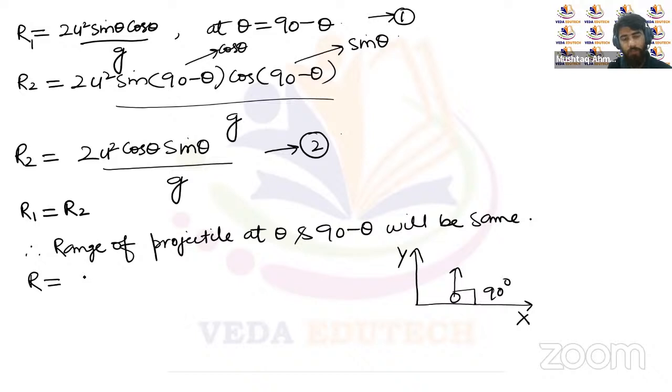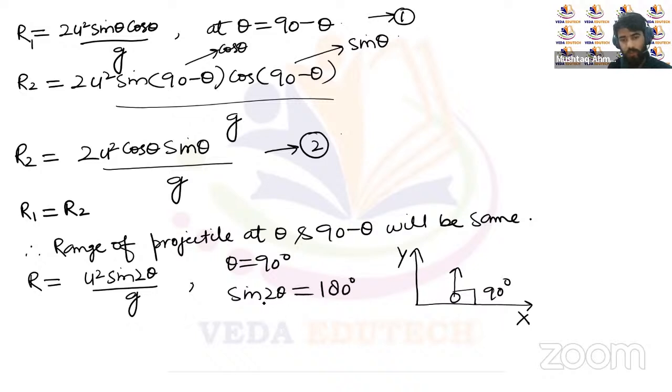That will be equal to u square sine 2 theta over g. Our theta here is 90 degree, right? Then sine of 2 theta will be sine of 180 degree, right?